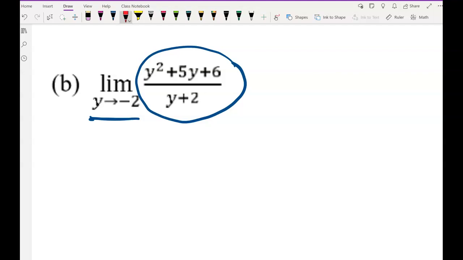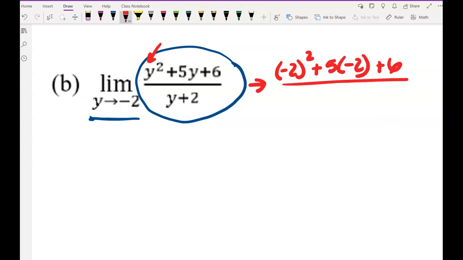So what if we plug in -2 every time we see the y? -2 squared plus 5 times -2 plus 6 all over -2 plus 2. Well, -2 plus 2, students, is 0. We can't have a 0 in the denominator.